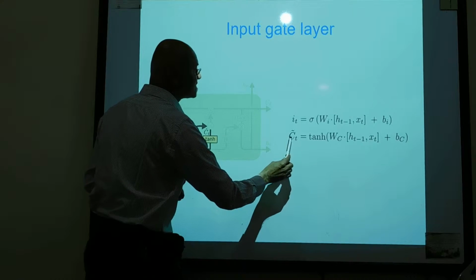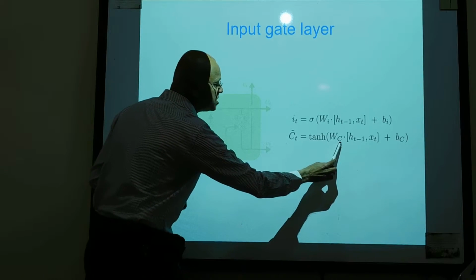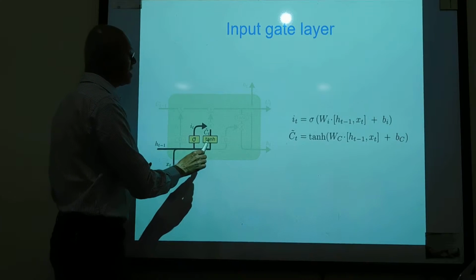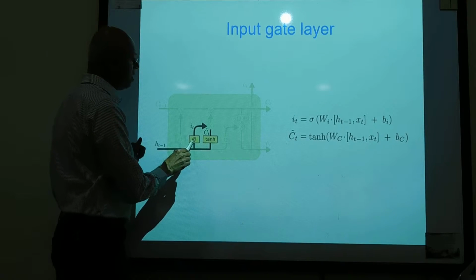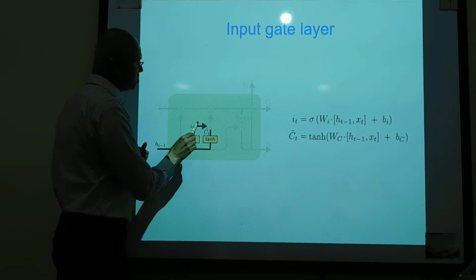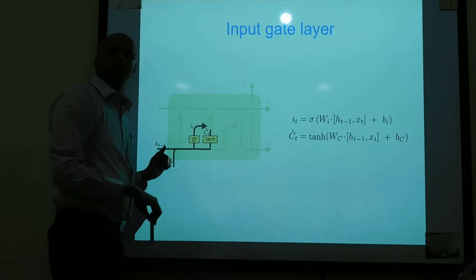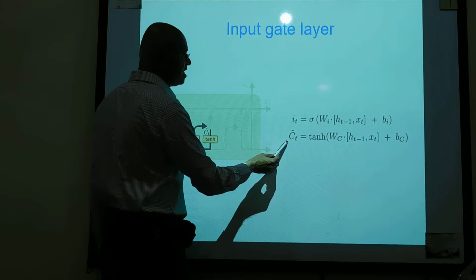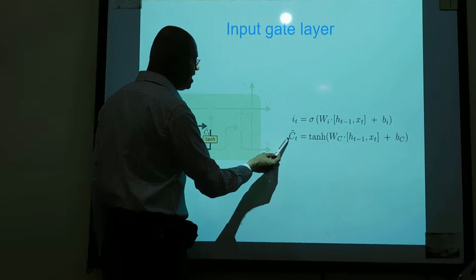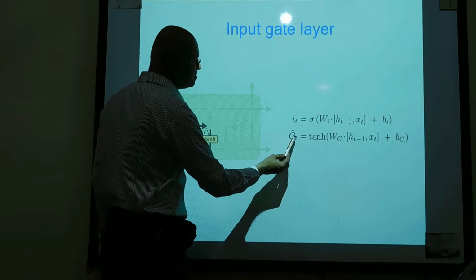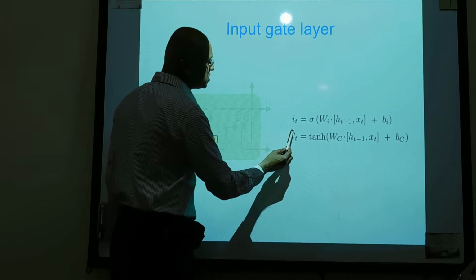This is to do with the cell state, that's WC, subscript C, and a bias, and it passes through a tanh function. The sigmoid function gives an output between 0 and 1, while the tanh output would be between -1 and +1. This is a candidate for the cell state capital C at time instant t. It is a candidate, so there is a tilde here.